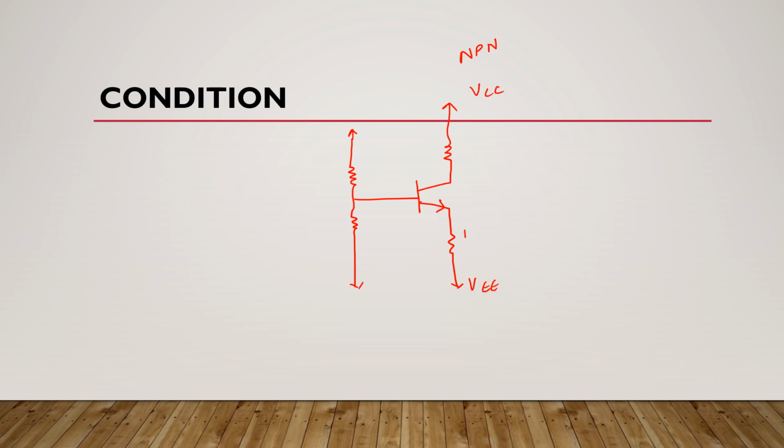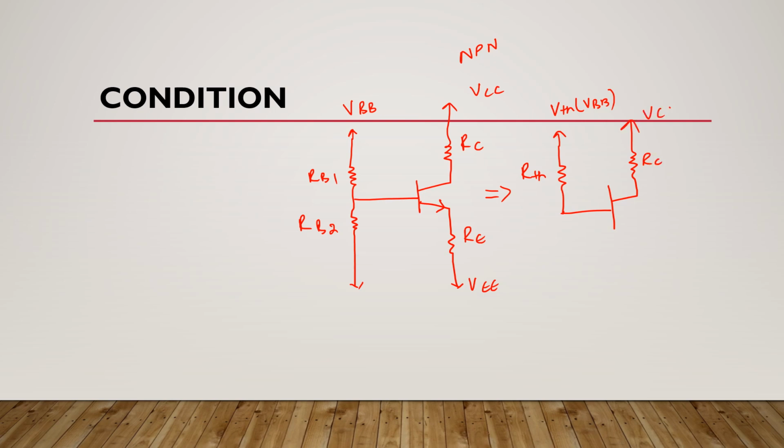So here we have RE, here we have RC, this is VBB, this is RB1, and this is RB2. So how are you going to analyze this circuit? First you will find RTH and VTH, which is VBB in this modified circuit, and here you will have RC, this is VCC, here you have RE, and this is VEE.